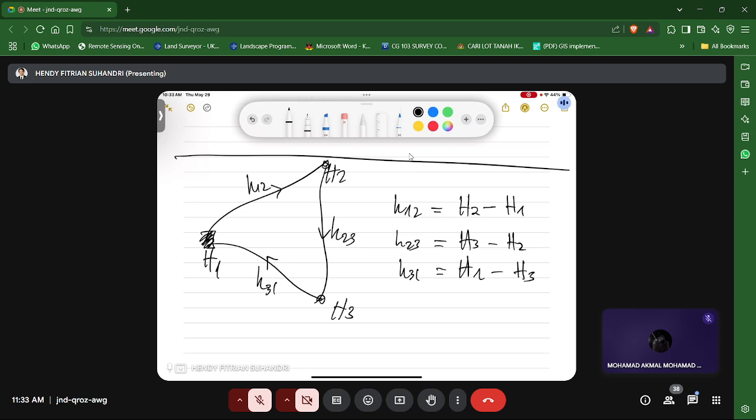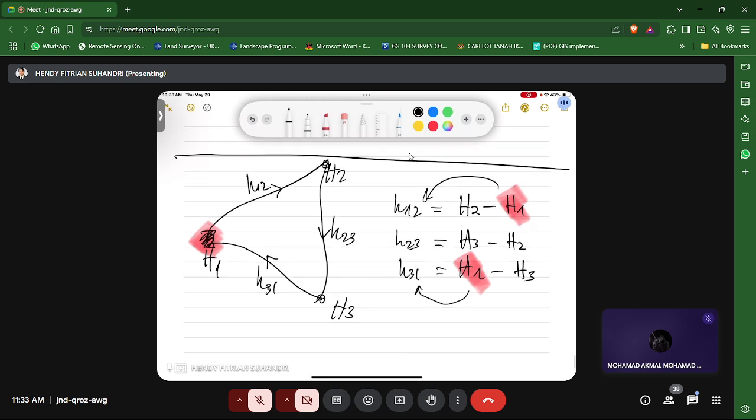Ni saya kembali ke soalan tadi. Dikarenakan point 1 tu non value, given, kita dah tahu reduce level dia, okay, katakanlah 100 meter, maka apapun yang no value akan saya letakkan sebelah kiri.